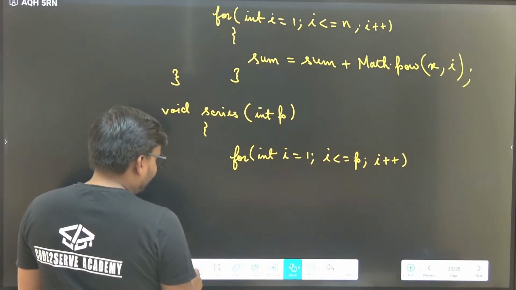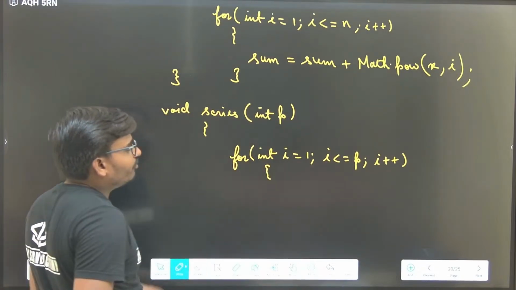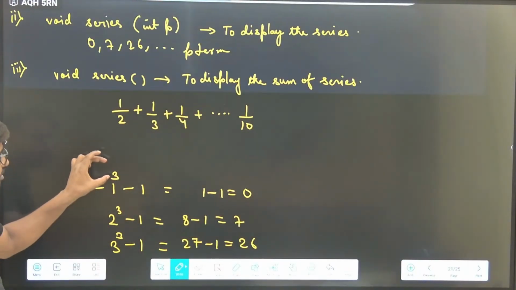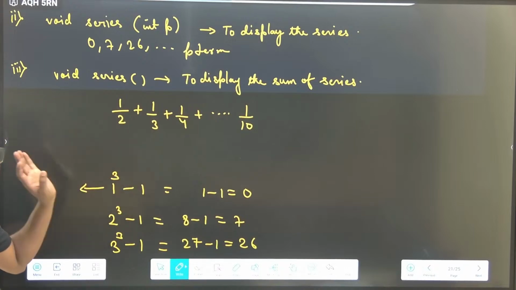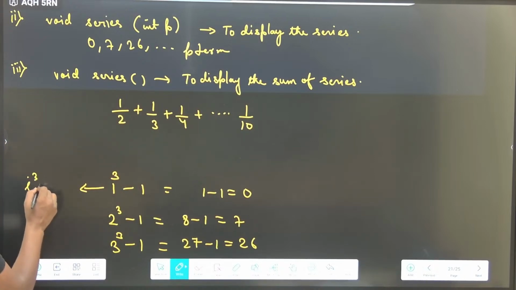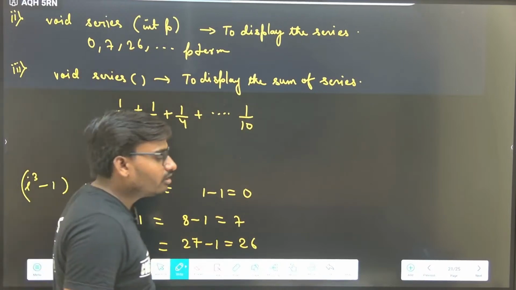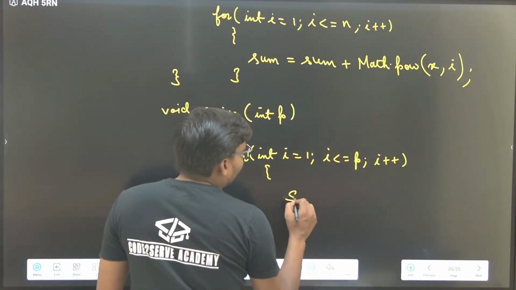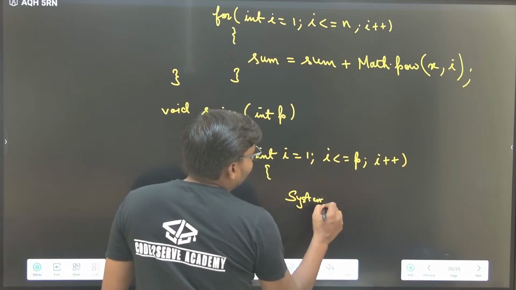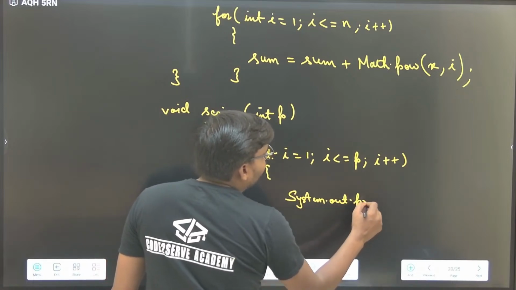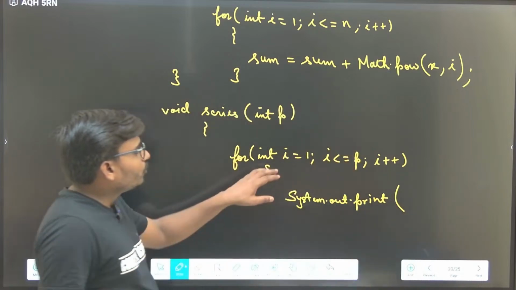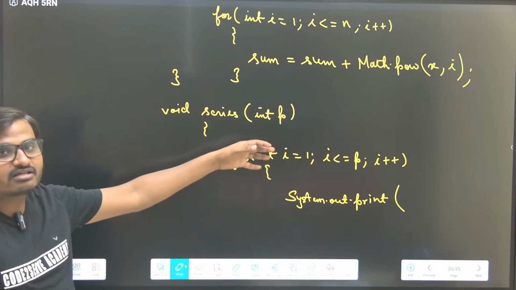Okay, now next, inside this we already framed the logic. What was the logic? If you do the cube of I and then subtract, like I cube minus 1. So this is the logic that we framed for this pattern, or this series. So here you will print that: system dot out dot print, and here you are going to print the cube minus 1.